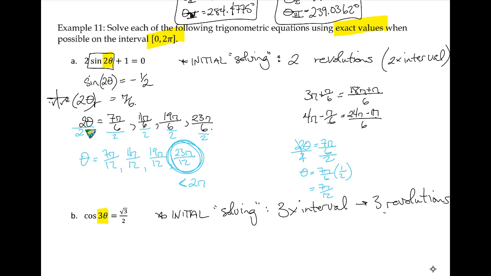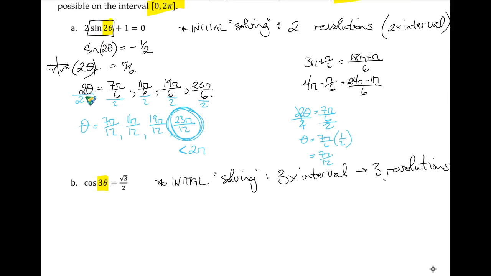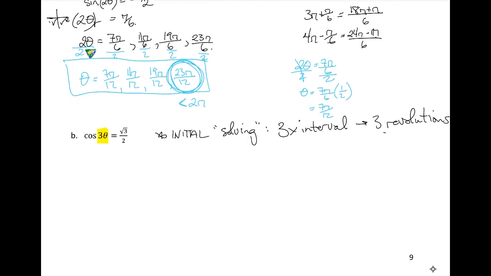We have to exceed it to start because we're dealing with double the actual value of theta. Okay, so all 4 of these are our answers. But we need to remember that whenever we're dealing with a multiple angle function, that's when we need to look at multiple revolutions of our trig functions.